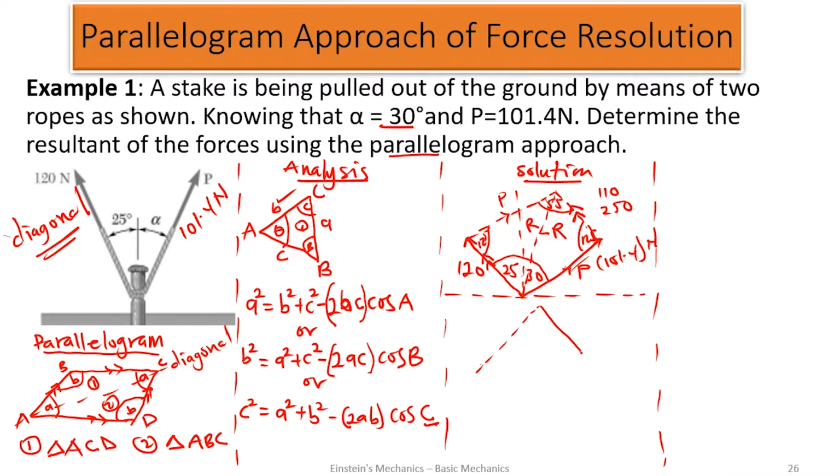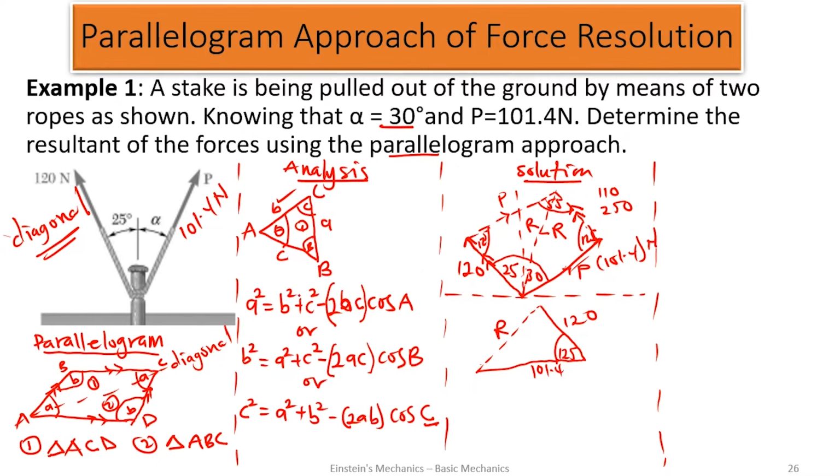This is my side, which represents the 120 side, and I'll close it with the P side, which is 101.4. I'm just taking one side of the triangle. And I have my angle here, which is 125. And this is the resultant.